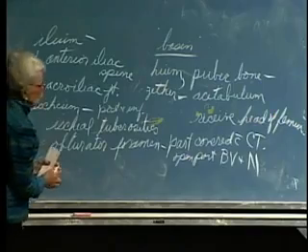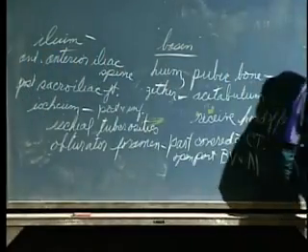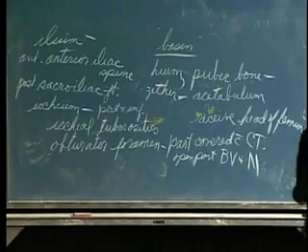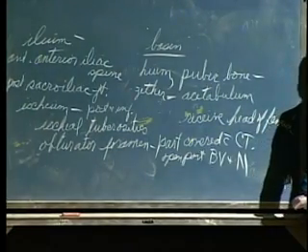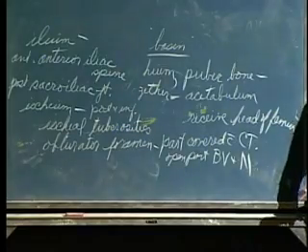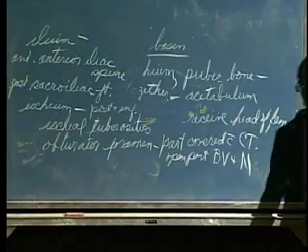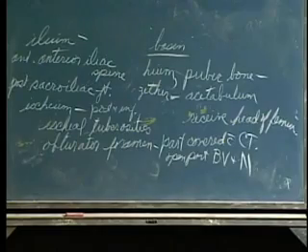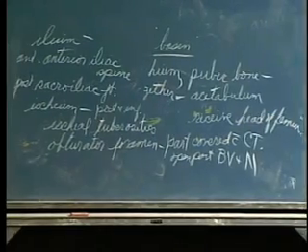Then we have the pubic bone. The pubic bone will be most anterior of our pelvic bones. And again, there are two of them, and they meet in the midline. Here's the pubic bone.